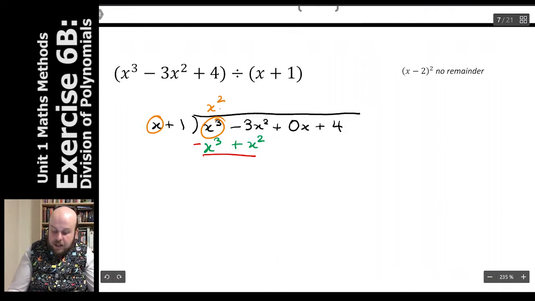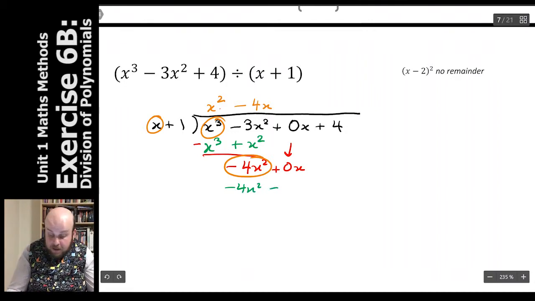Negative 3x squared take away an x squared is negative 4x squared plus 0x. Negative 4x squared divided by x is going to make negative 4x. Negative 4x times x is negative 4x squared. Negative 4x times positive 1 is negative 4x.